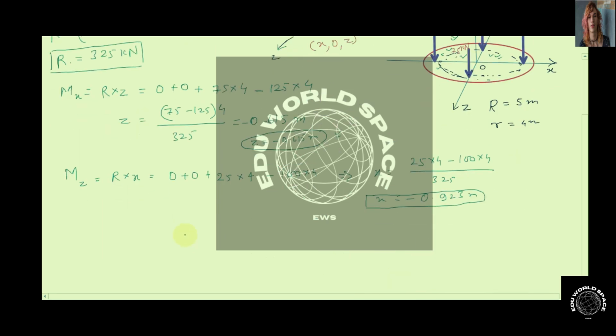So the coordinate of the point of application of equivalent force will be x equals minus 0.923, y equals 0, and z equals minus 0.615. So this is the final answer.